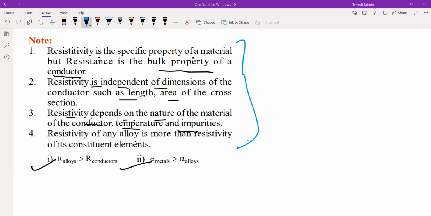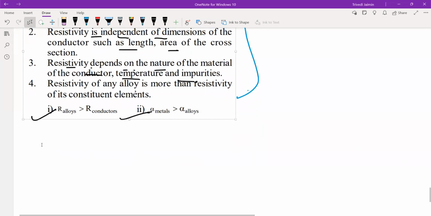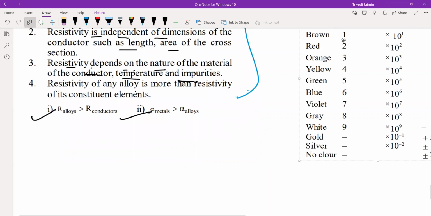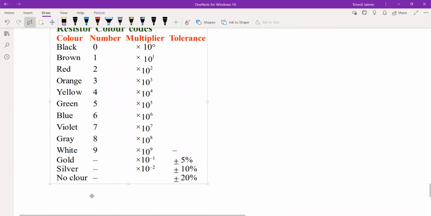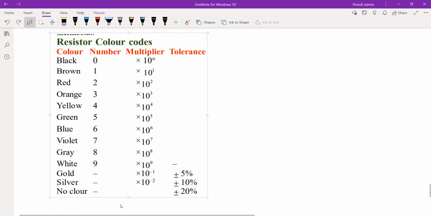Okay, this is important, next is color coding. Wait, let me just paste it. Okay, color coding.